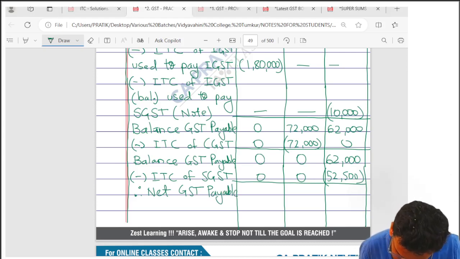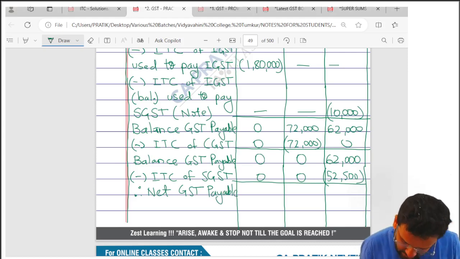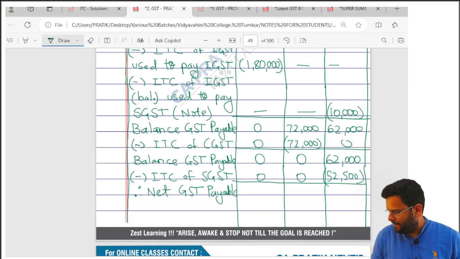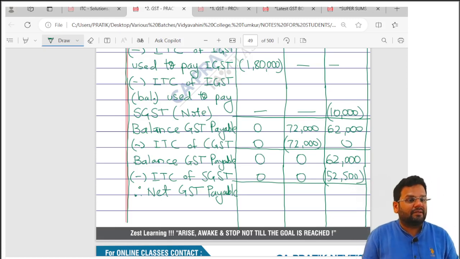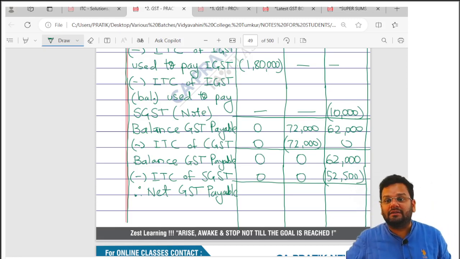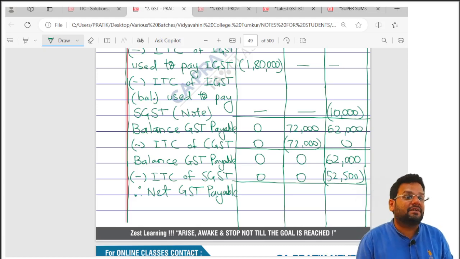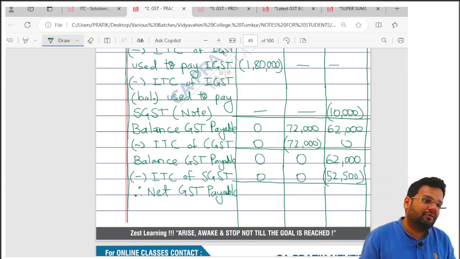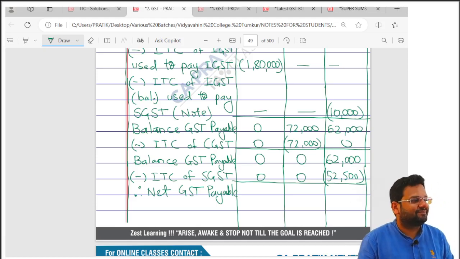Now tell me what is therefore finally net GST payable. 9,500 for SGST. Are you getting it? 9,500 for SGST. And I agree with you that balance of ITC of CGST is there to the extent of 500, which will be carried forward. That will become next month's opening.